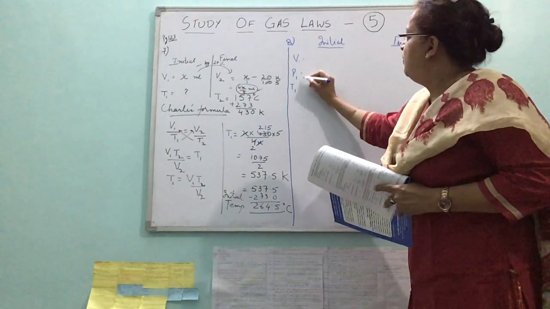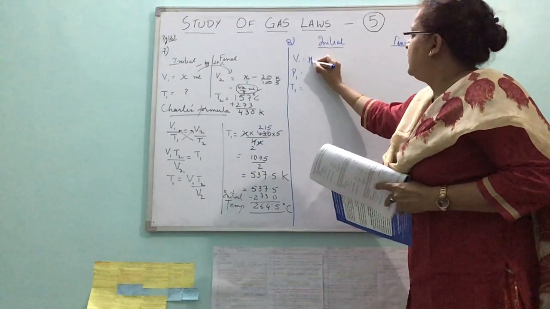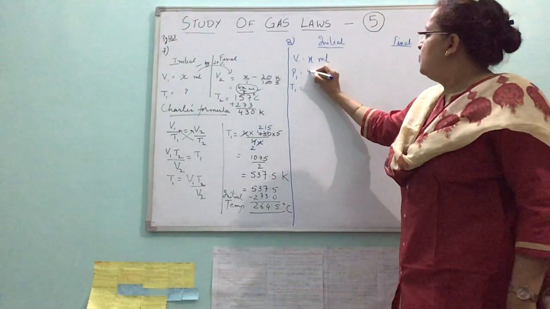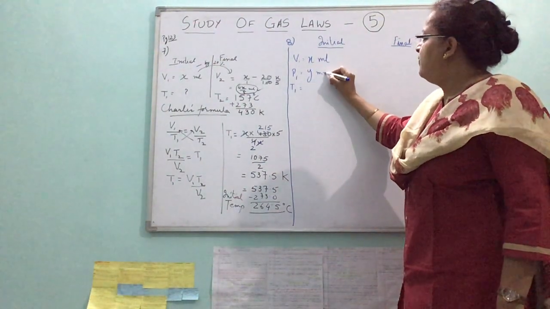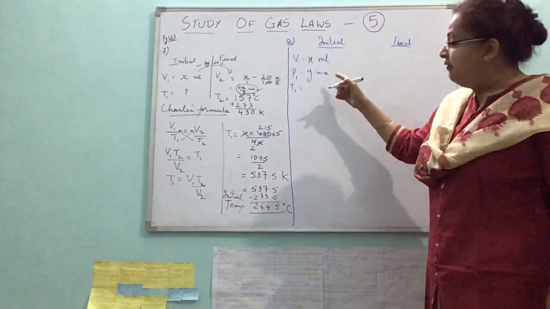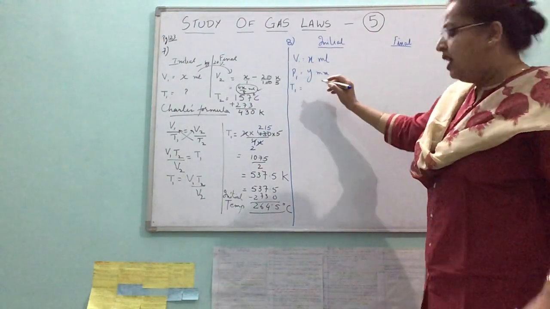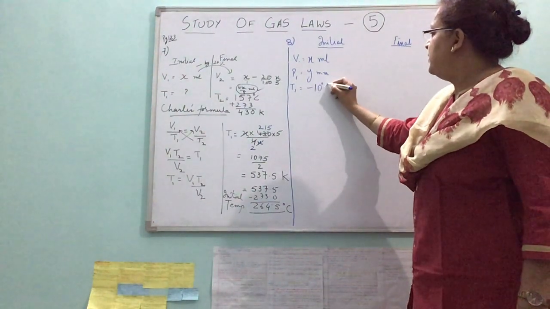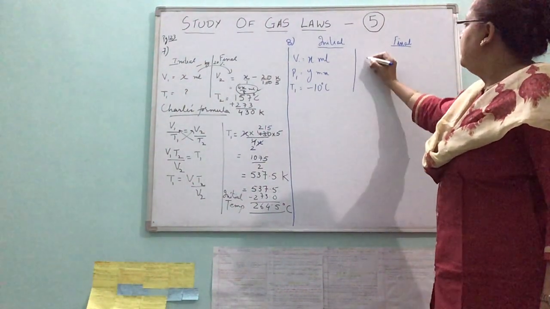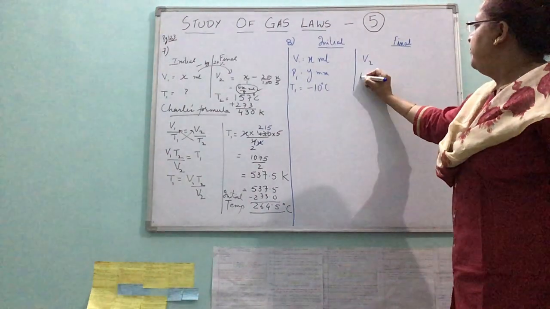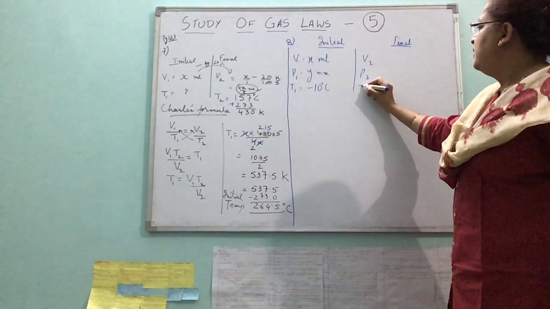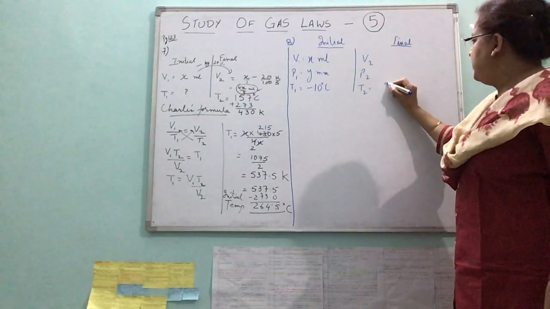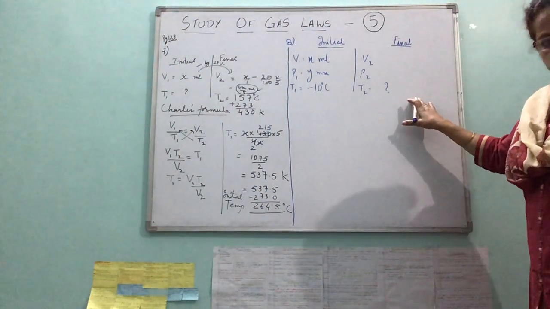Now both initial volume and pressure are not given, so I'll take it as X milliliter unit and pressure as Y millimeter, whatever unit, it doesn't make any difference. And initial temperature is minus 10 degrees centigrade. Then volume, pressure, temperature for the second. I have to find this temperature, so this is unknown.